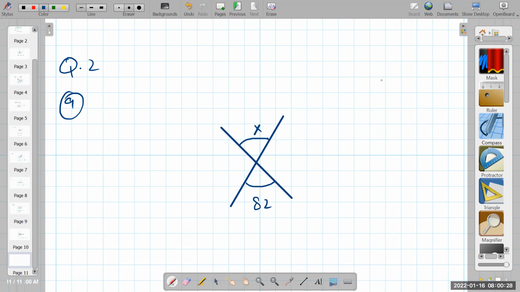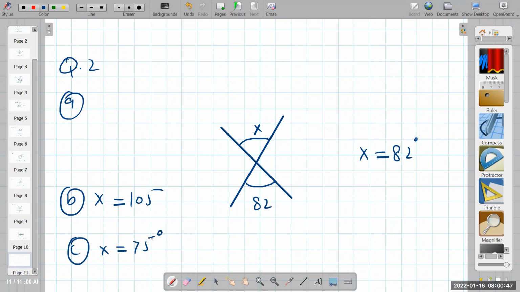So x is equal to 82. Why 82? Because of the opposite angles. And in B, x will be equal to 105. And C, x is equal to 75, because all these angles are opposite angles.